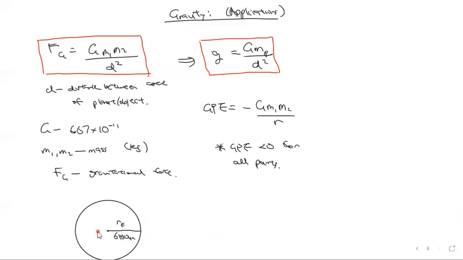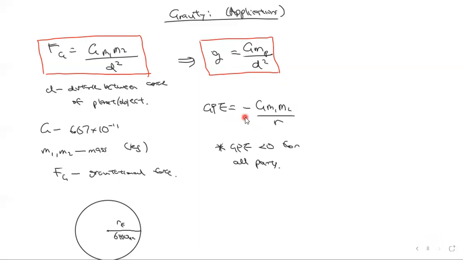So assuming there's only one object in the universe, being Earth in this case, even if you're a very, very far distance away, you're still going to be gradually pulled back. It might take 1,000,000 years or more, but ultimately you're coming back, which means you didn't escape the gravitational field and you still have a negative amount of energy.